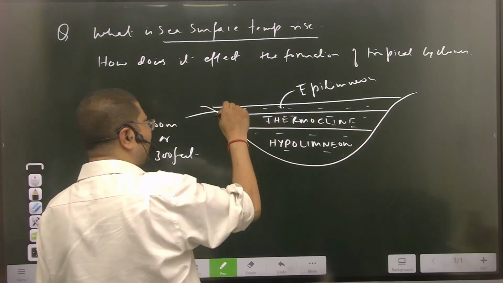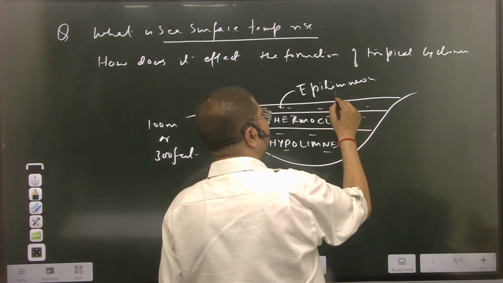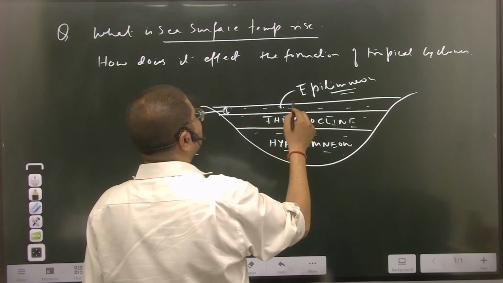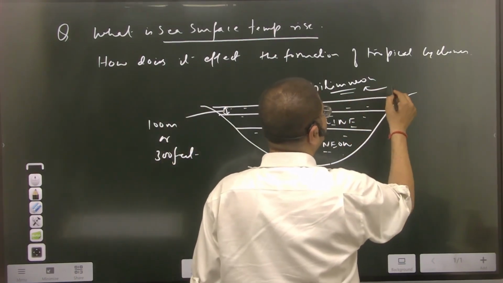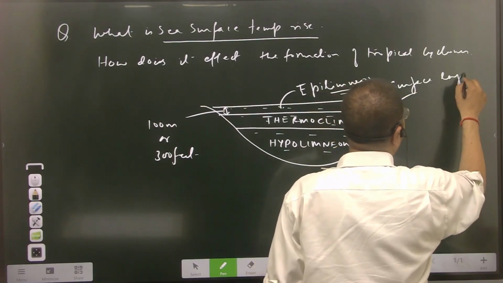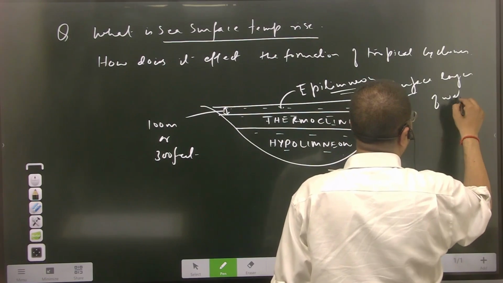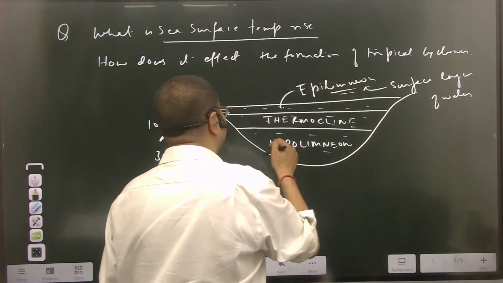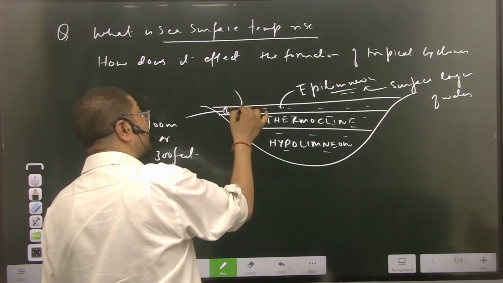Now the upper layer, which is 100-meter thick, known as epilymnion, refers to surface layer of water whose temperature corresponds to temperature of surface water.